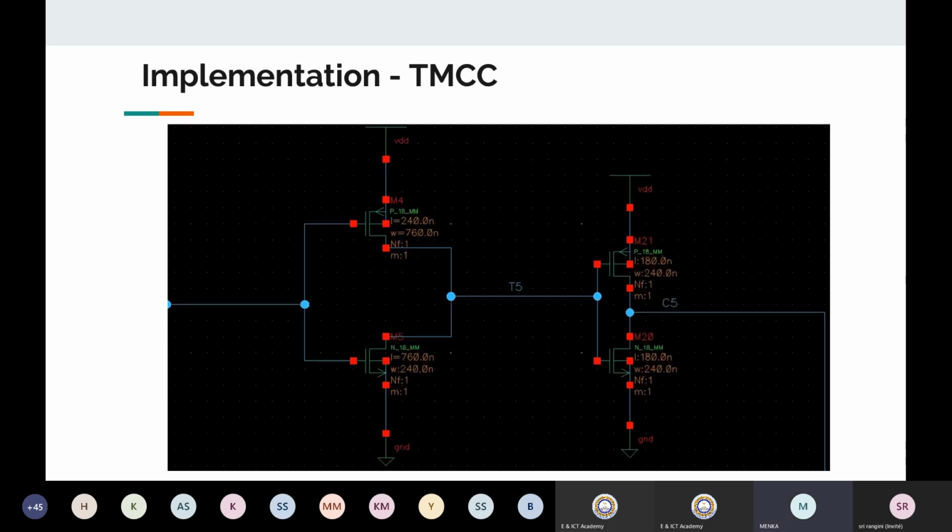This is the TMCC cell on the next slide. I hope it is visible to all. So the next slide is the TMCC cell, slide number 7. So this is the TMCC cell, a threshold modified comparator.